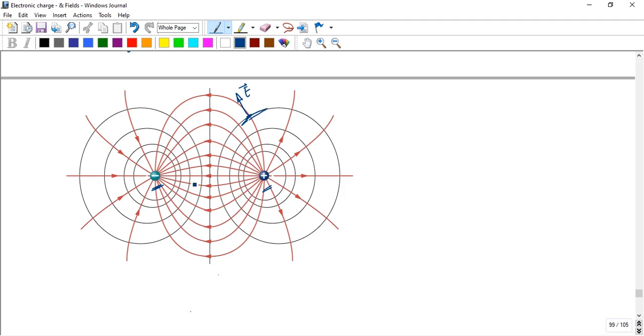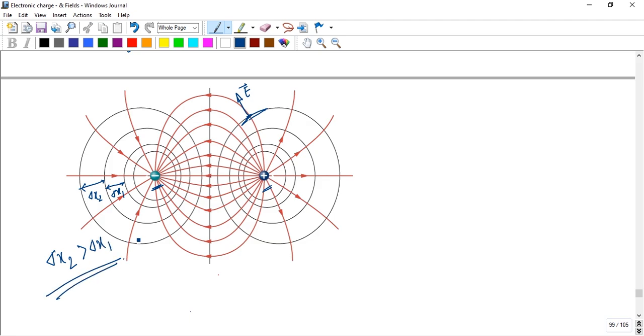If the two charges are of opposite polarity, see the gap between two equipotential surfaces, on the opposite side of the plus charge there is a larger gap, suppose delta x2, and that is delta x1. So delta x2 is greater than delta x1.